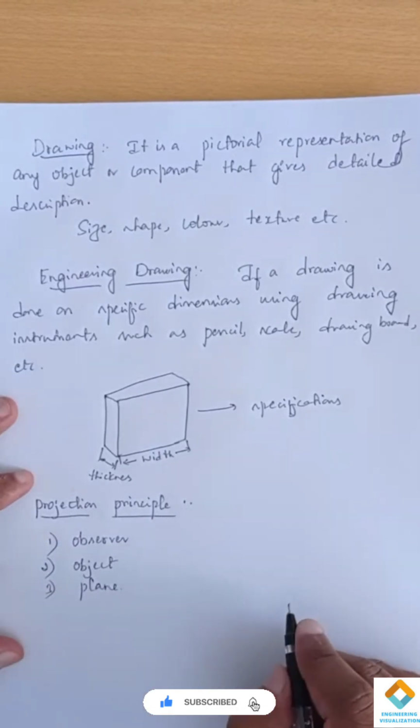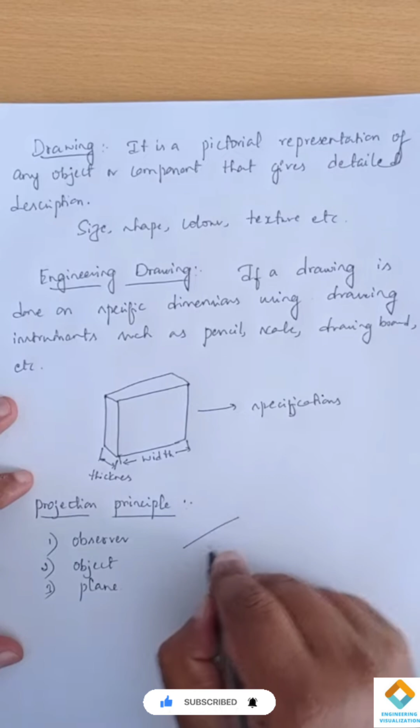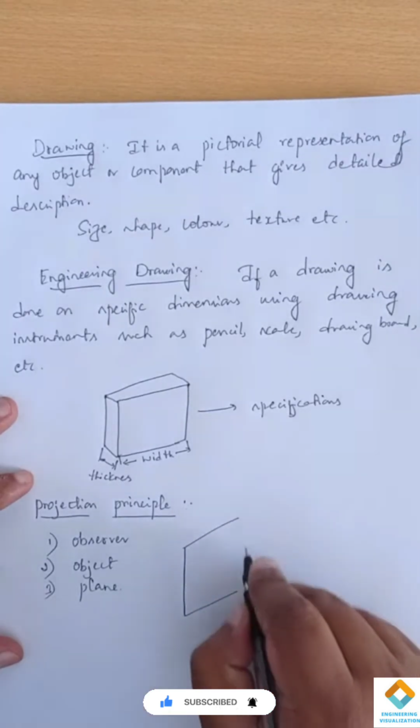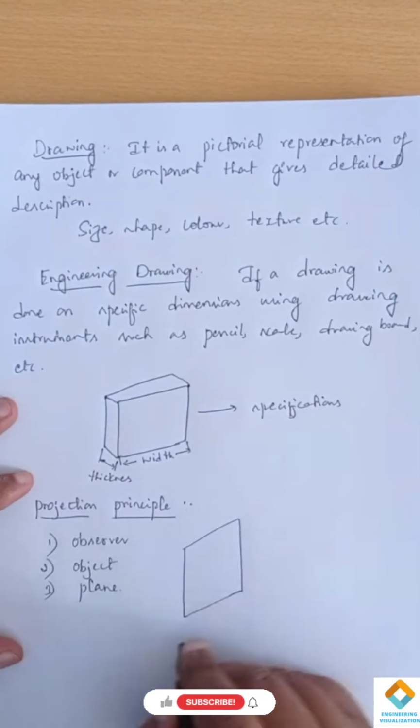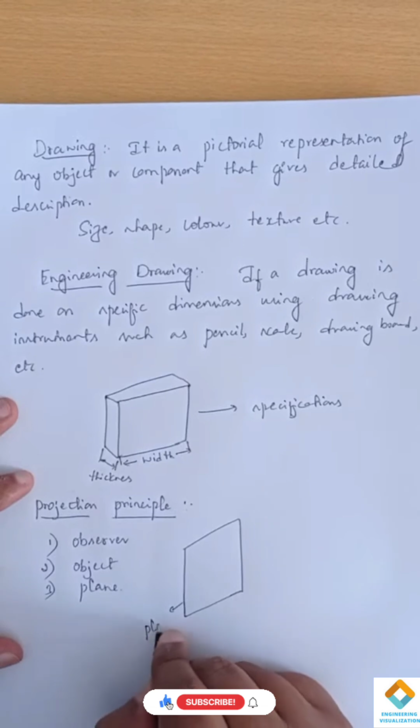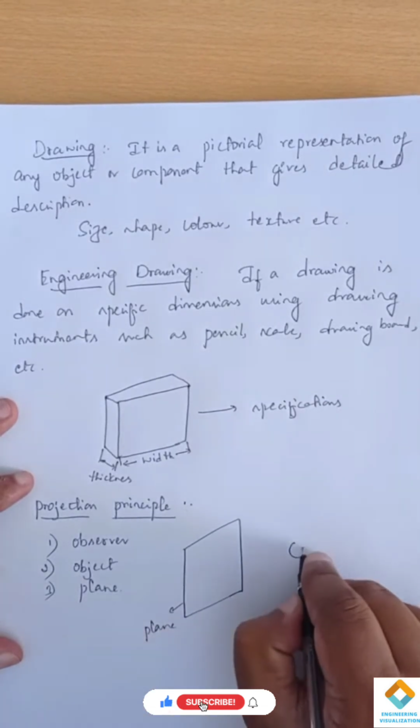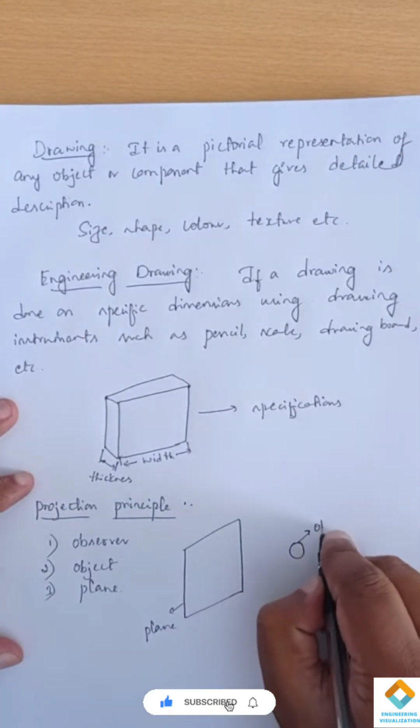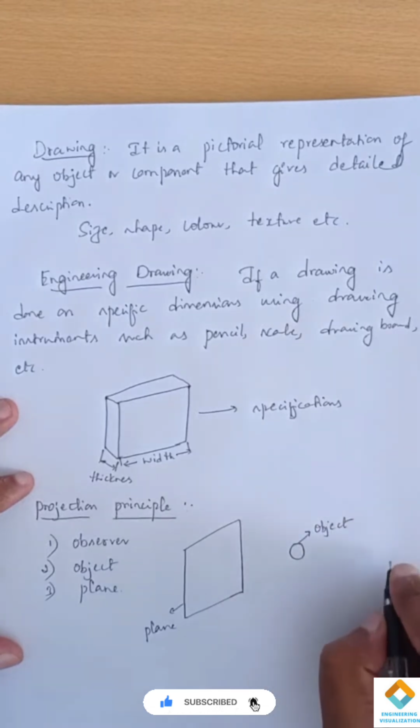So what do we do in this projection principle? There will be a screen, or plane, you can say, and there will be an object, and there will be an observer.